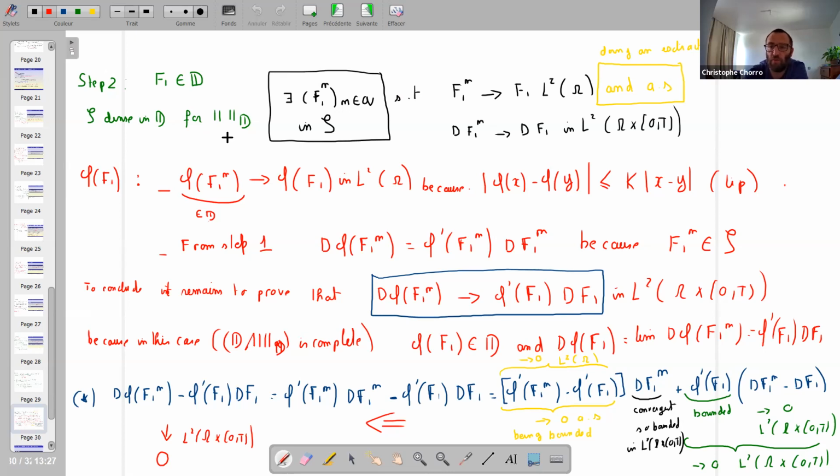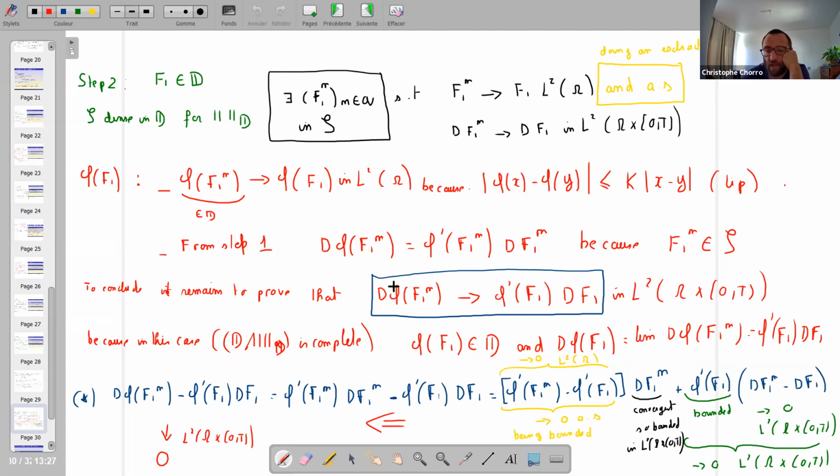And just my little trick in order to be able to compute and to conclude at the end is, okay, I have just the convergence in L2 here, but I can add here also the convergence almost sure, because I just have to consider an extraction, and so I can consider that I have also the convergence almost sure without loss of generality here.